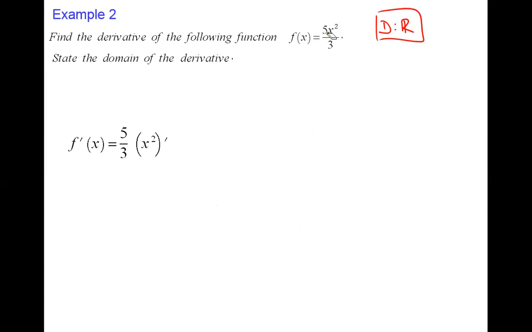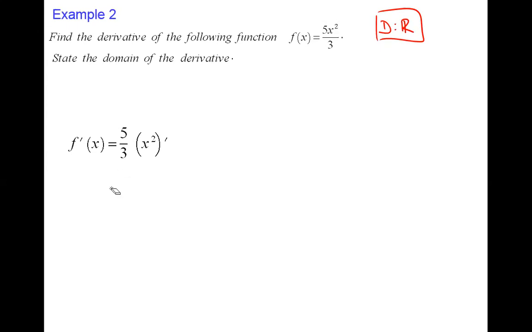Especially fractions like that, because it looks like a quotient, looks like a division. And sometimes we really like to apply an additional rule, the quotient rule, but we don't have to. Please remember, as soon as x is not in the denominator, it's simply a constant.